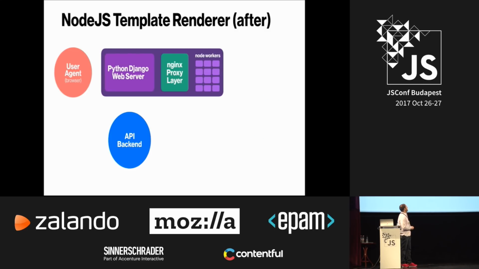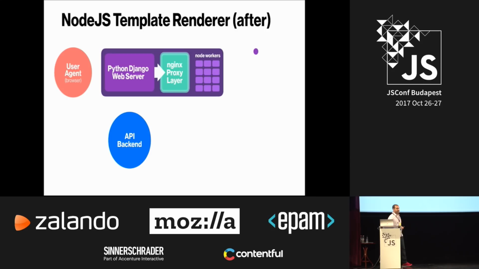Now, let's take a look at what happened after we introduced a Node.js sidecar. As you can see, the whole architecture is very similar to what we had before, but now we have an NGINX proxy layer for load balancing, and we have a set of Node.js workers. As before, we're sending a request from the user agent, and we're requesting the additional data from the API.